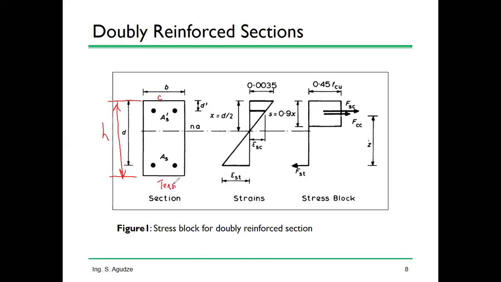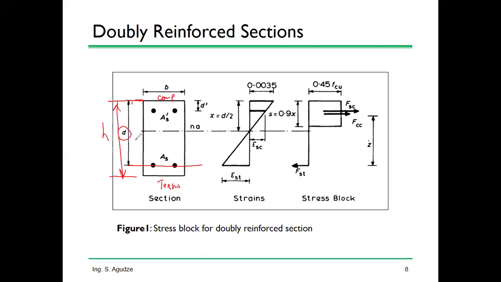So let's note that the top is in compression. The depth from the compression face all the way to the centroid of the tension steel, right? That depth from here to here is the D, effective depth.